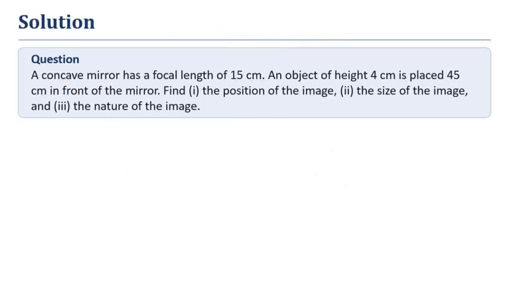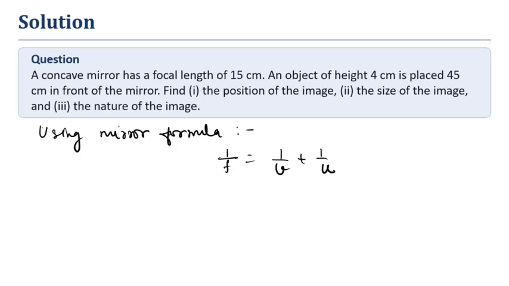Okay, let's start solving. Using mirror formula, that is 1 upon f is equal to 1 upon v plus 1 upon u. In the first case we need to find v. So we can rearrange this formula for v.